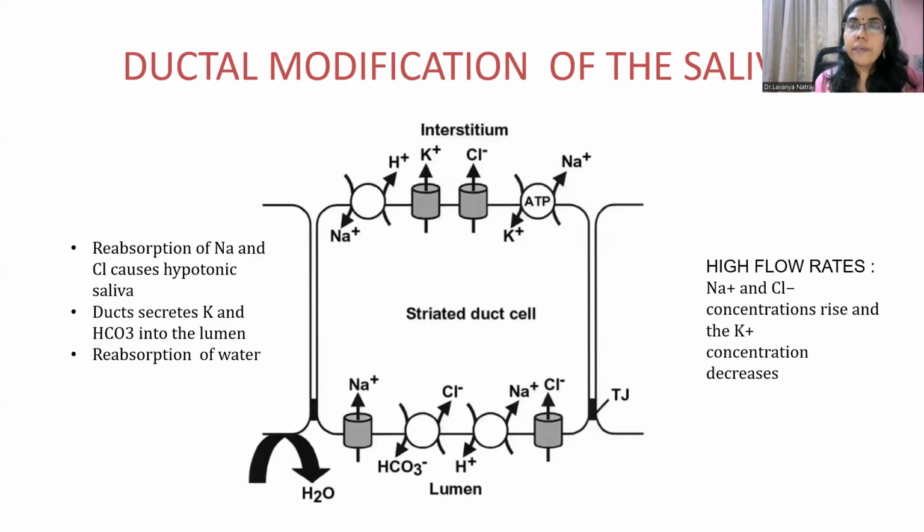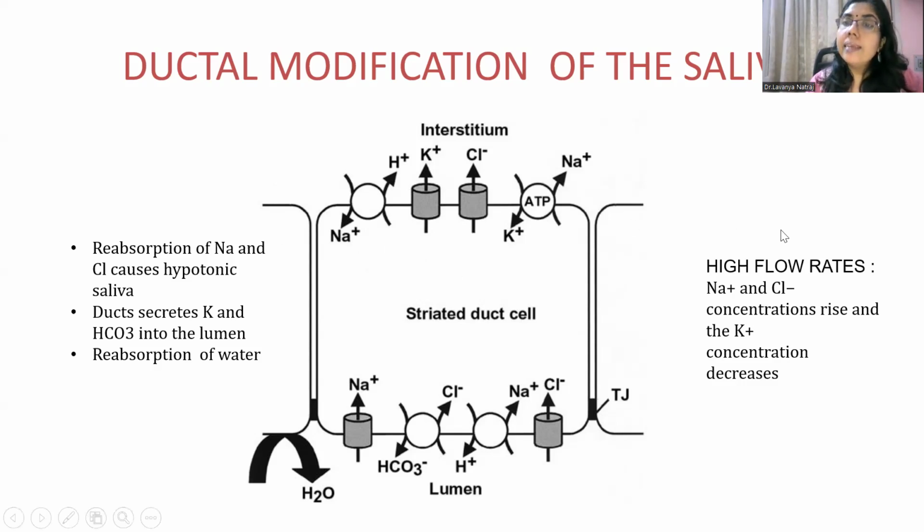Now, how does this modification occur? I told you there will be resorption of sodium and chloride ions causing a hypotonic saliva, and this striated duct will secrete the potassium and bicarbonate ions and push them into the lumen. And there will be reabsorption of water also in order to maintain the water and electrolyte balance in the saliva.